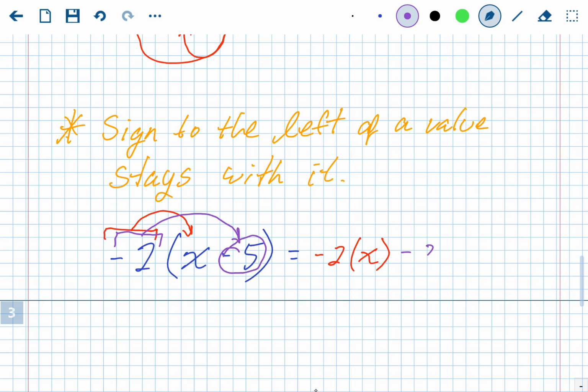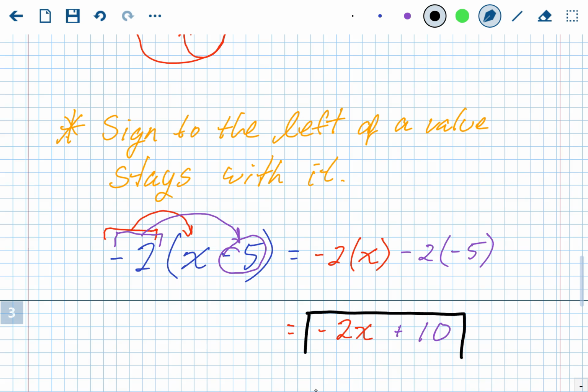So we're going to do -2 times -5. And then simplify from there. -2 times x is -2x. -2 times -5, and negative times a negative is positive, so that's plus 10. And that's as far as we could go right now, simplified.